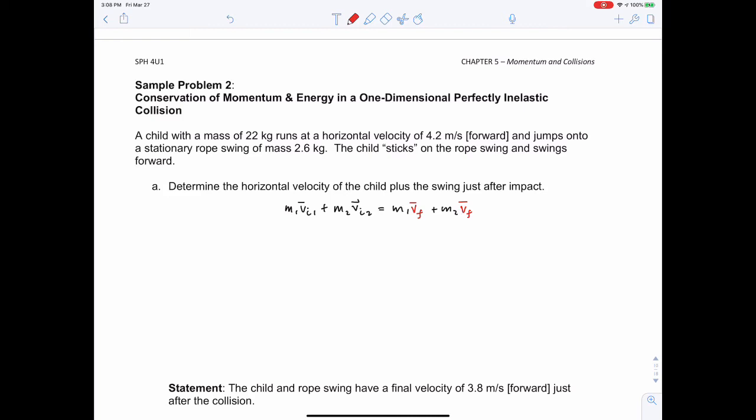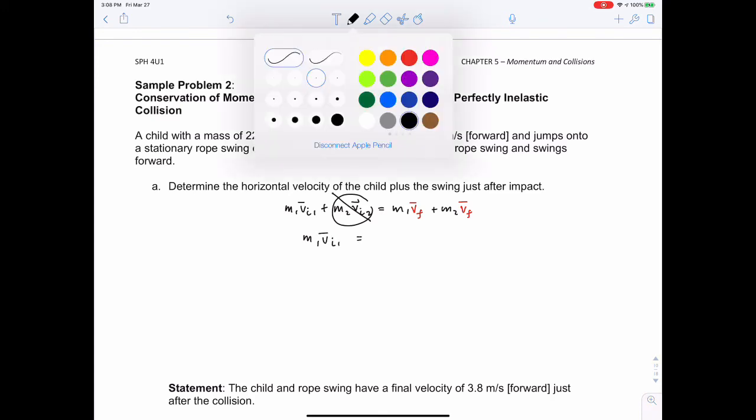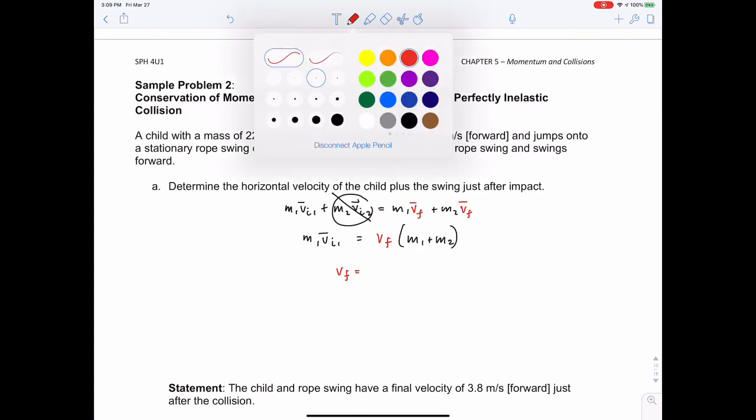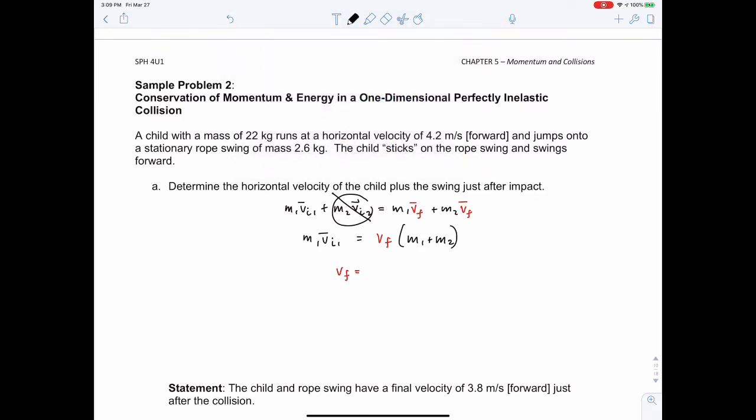So m2 v initial 2 will cancel out, and we are left with m1 v initial 1 is equal to v final, factoring it out, m1 plus m2. So v final is equal to m1 v initial 1 divided by m1 plus m2.